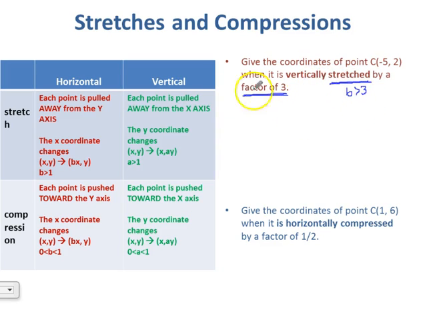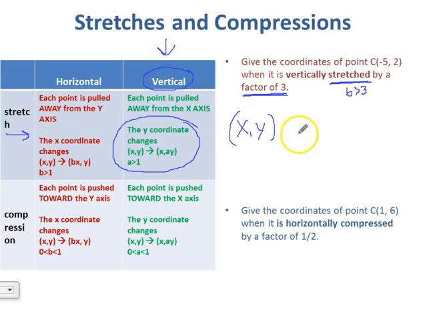So when we're vertically stretching, here's the vertical column right here. We follow this rule, where we take our original coordinate, and the x coordinate will stay the same, but we will multiply the y coordinate by the factor. And the factor is 3.